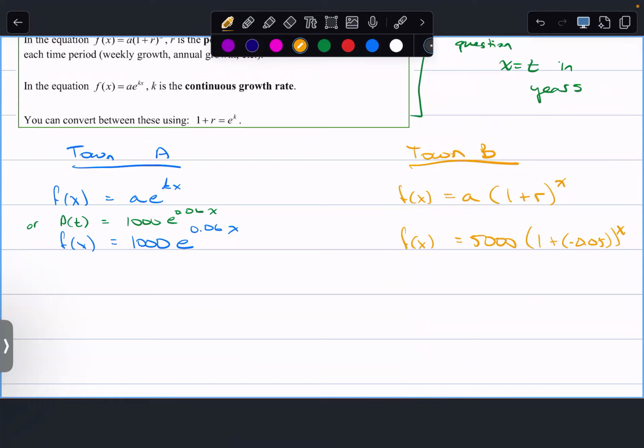We know from exponential functions that if I have this little guy, which we were calling b, if b is between 0 and 1, then I have exponential decay, which makes sense. f of x is 5,000 times 0.95 to the power of x.